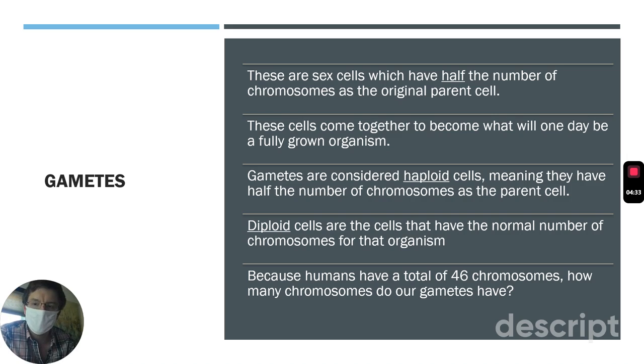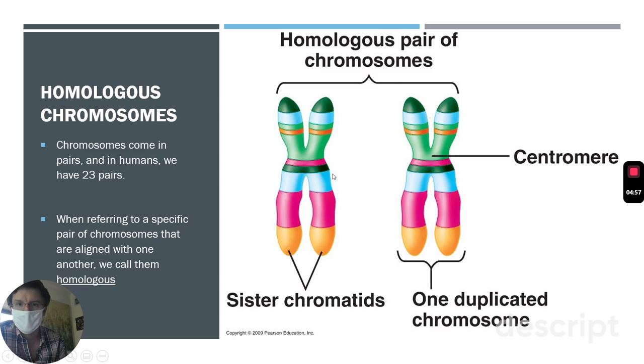How many chromosomes are in a sperm, or how many chromosomes are in an egg? If we understand them to mean a gamete is a haploid cell with half the number of the original. 23, very good. That's why they call it 23 and me, okay? Because you get 23 from your mom, 23 from your dad, all right?